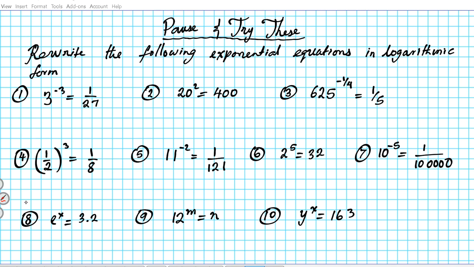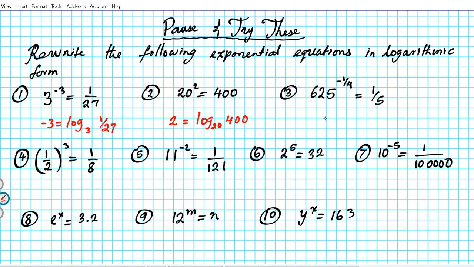Welcome back. So hopefully you had a chance to try out the practice problems. Let's take a look at the solutions. The first one is, let's write it this way, negative 3 is equal to log base 3 of 1 over 27. Number 2, 2 is equal to log base 20 of 400.